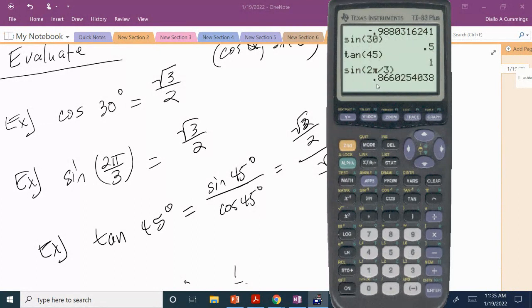Right, and notice I get 0.866. Okay, now the calculator won't give me any radicals, but if I cross-check this, I can put this in as the square root of 3 divided by 2, and notice you should get that same exact value. All right, so just a hint, when you're using a calculator, you want to make sure that you are in the correct mode.